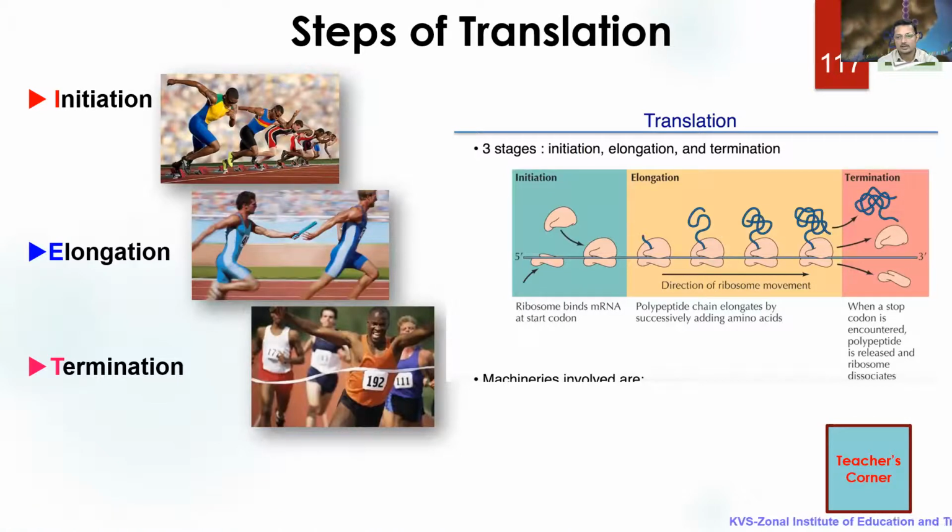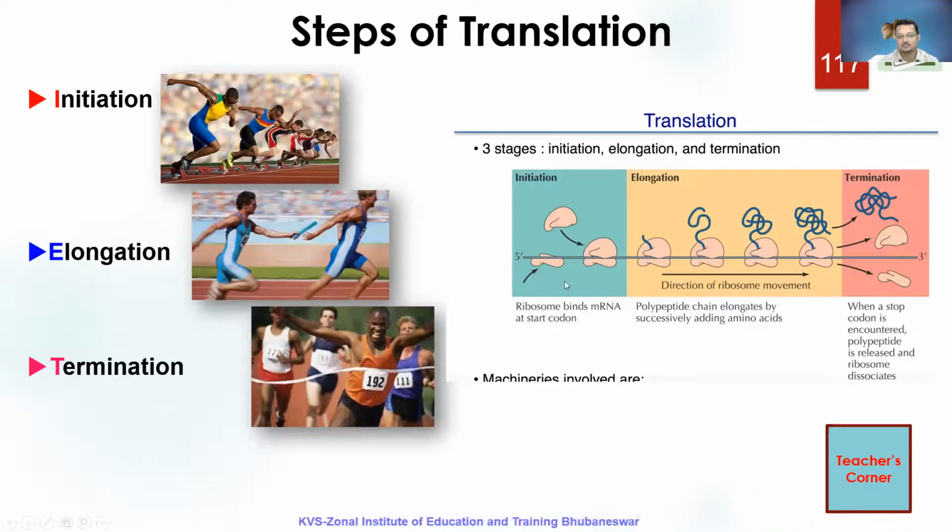Elongation: the ribosome moves 1 codon unit every time and brings in a new amino acid and joins it to the existing one, thereby making a polypeptide chain. And termination, where the stop codon is reached. So now the ribosomes separate and the process of translation stops.